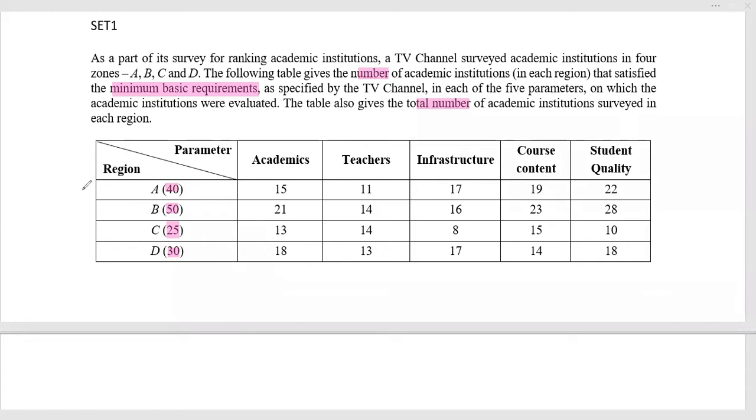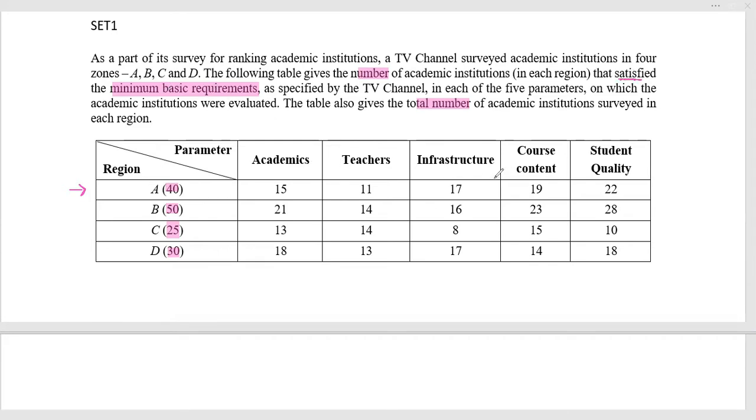In a single region, let's say region A, there are 40 academic institutions. Out of that, 15 institutions satisfy the criteria of academics, the number of academic institutions that satisfy the minimum basic requirement.